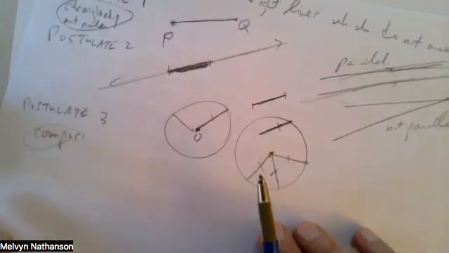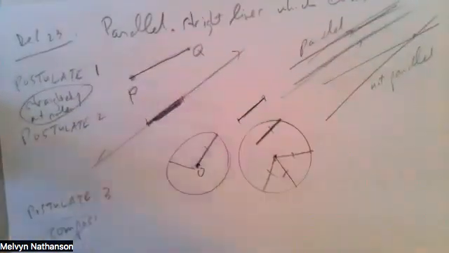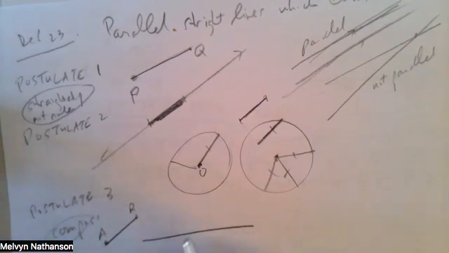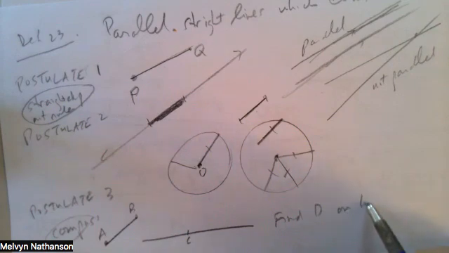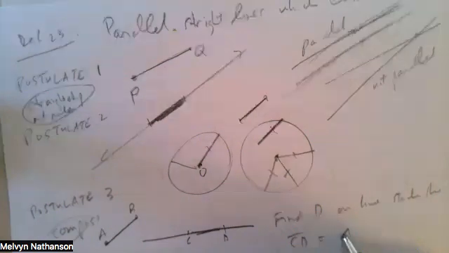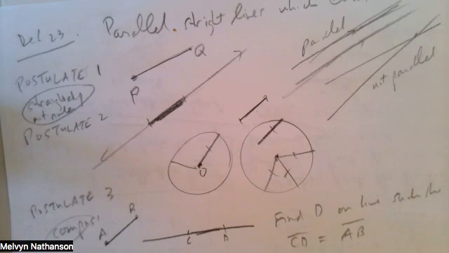What you cannot do is the following. Suppose I have a line segment AB, and suppose I have some line, and I pick a point C on my line, and I want to find a point D on the line such that the distance from C to D is the same as the distance from A to B. Now, you might say, here's a way to do it.